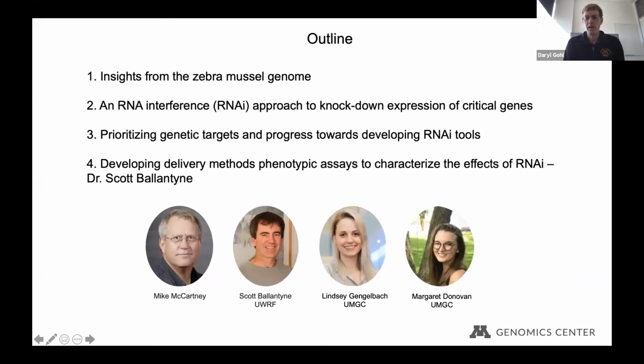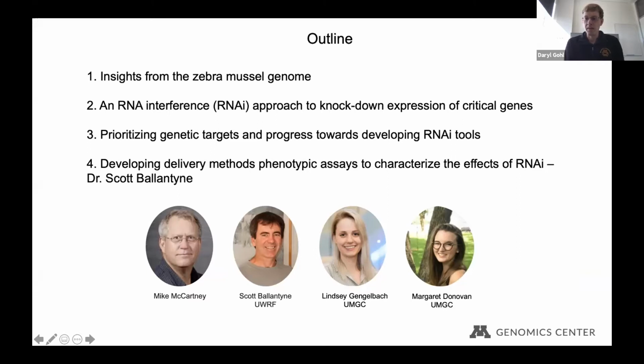So just to give you an outline of what we'll be talking about today, first I'm going to tell you about work that we did previously sequencing the zebra mussel genome. And this is work that really laid the groundwork for this follow-on project to try to start to use that information to genetically manipulate zebra mussels.